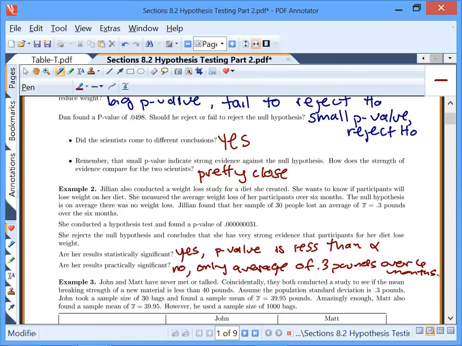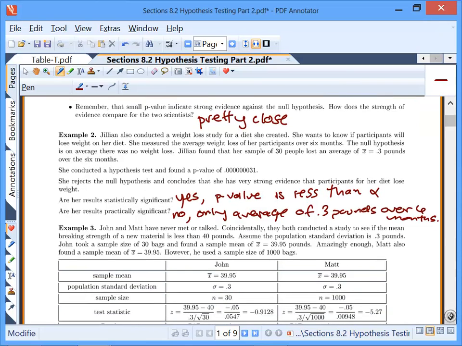So again, we're very sure that they did lose weight, but you might have to go ask the study, well, how much weight did they actually lose? Not just that we're sure they lost weight, but is that weight difference enough to actually take the diet? Does that make sense? Okay, so that's our difference between statistically significant and practically significant.